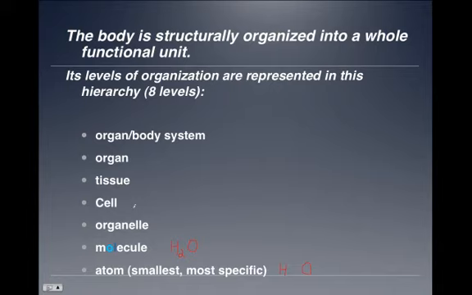It's not just your stomach, but your intestines, your pancreas, your liver, your gallbladder, all working together for this common function of digestion. And so again, we'll talk a lot about the different body systems, and actually I have a slide here to talk about some of these different body systems in just a minute. And then, of course, all of our organ systems working together will function together to make up the whole organism.